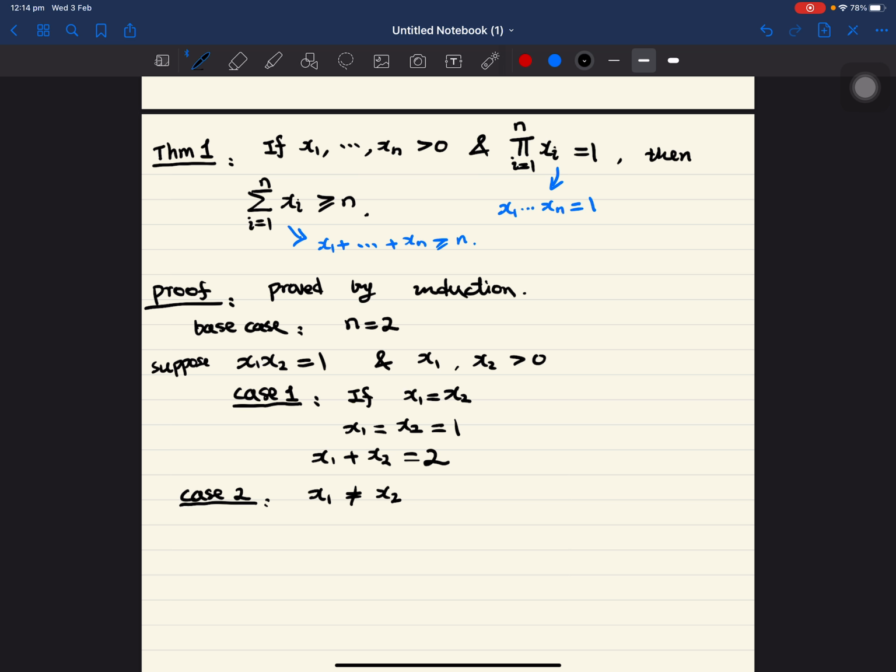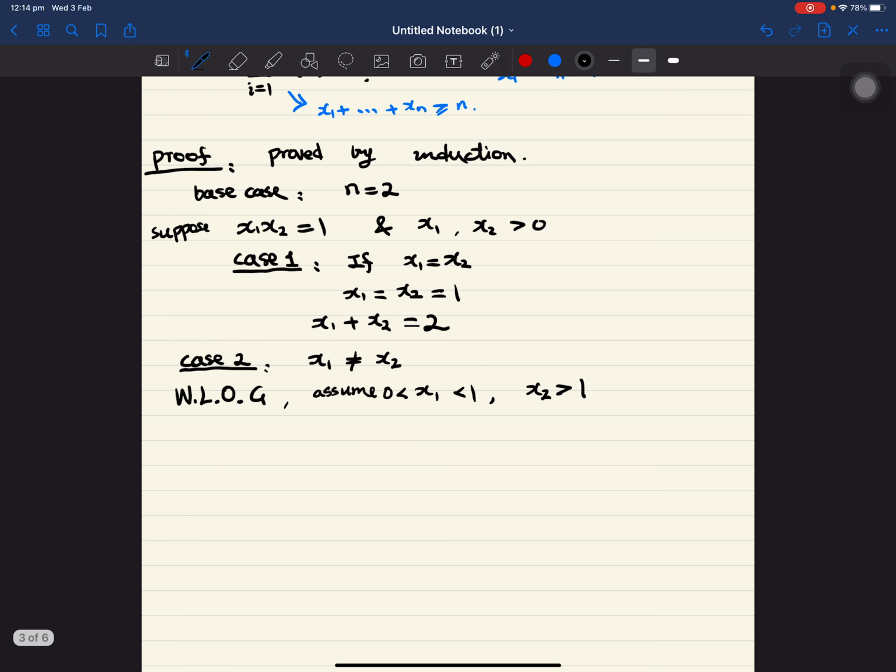So without loss of generality, assume x1 is some number between 0 and 1, and x2 is some number greater than 1.